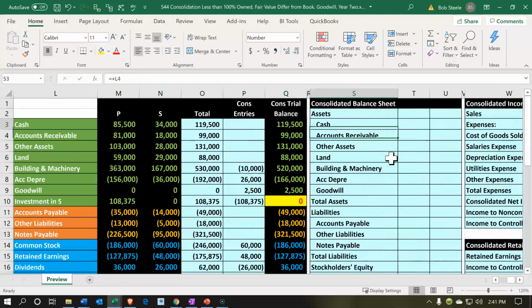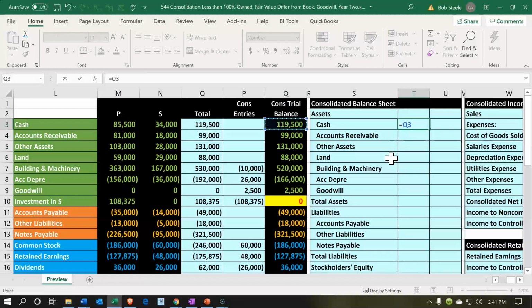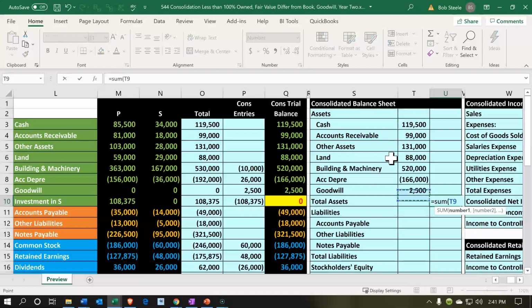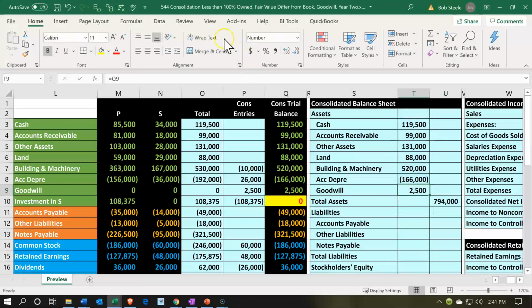I know this is a long video, but we're going to say, okay, cash is going to be this. I'm just going to copy and paste that down to the Goodwill, and that should look good. Do those line up as they should? Yes. And then total assets is going to be the sum of, I'm just going to highlight these. I'm going to put in an underline here for formatting purposes.